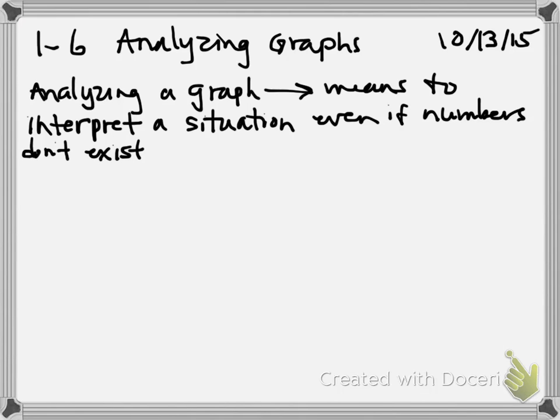So you're used to seeing graphs that have scales on them, right? And sometimes you're going to get graphs that just have titles, but there's no numbers involved. So interpret a situation even if numbers don't exist on the axes.